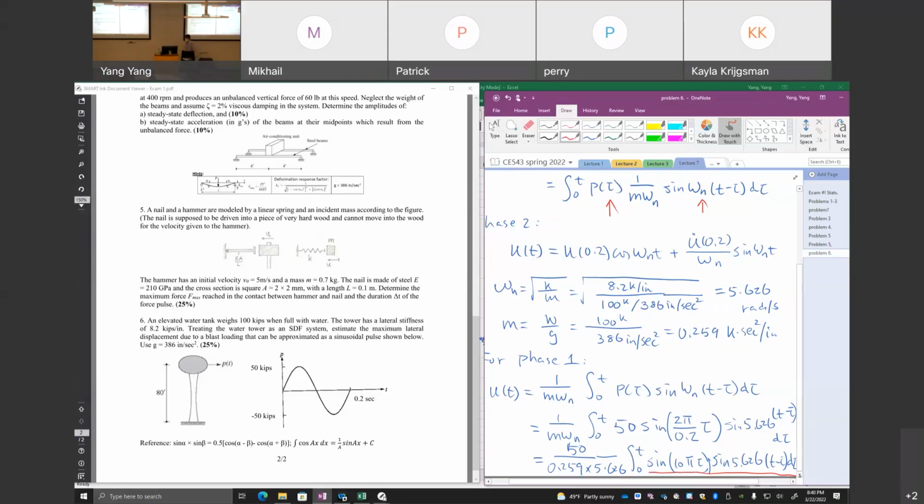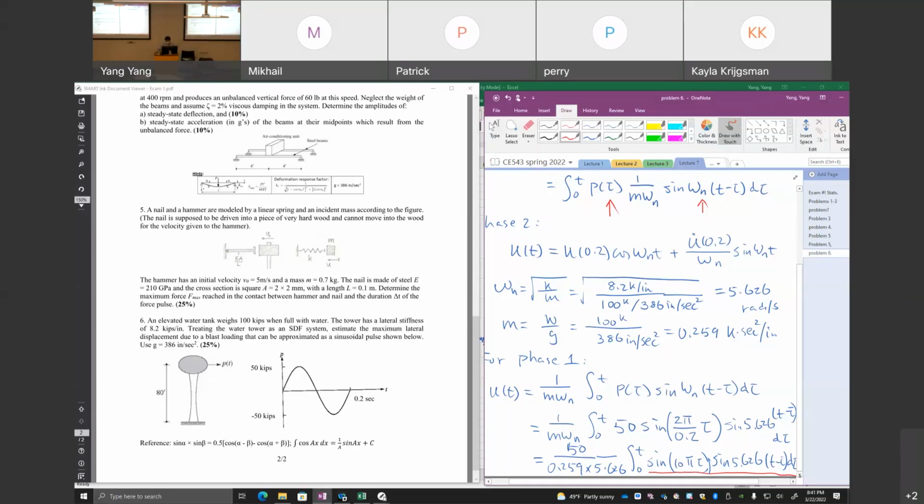After we express u(t) as a function of time, we can plot the displacement and find the maximum.